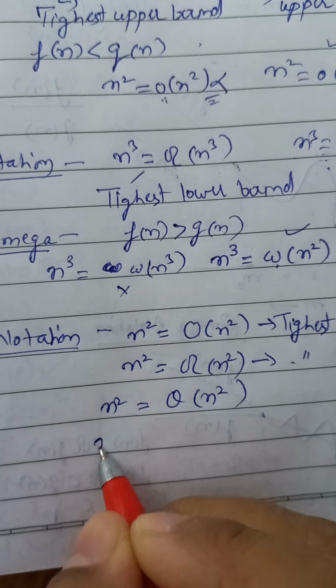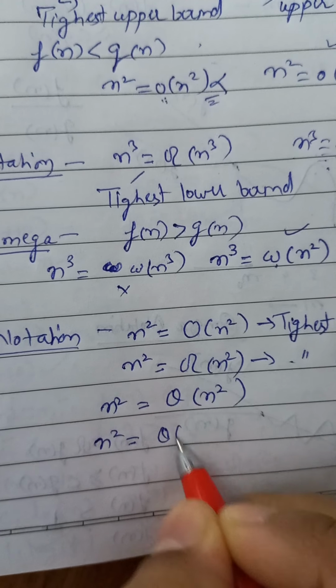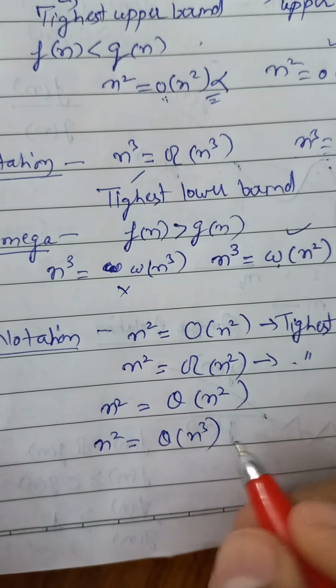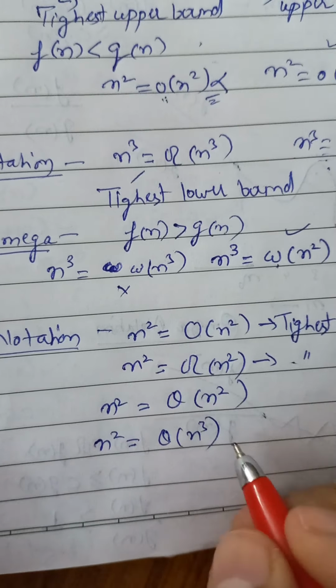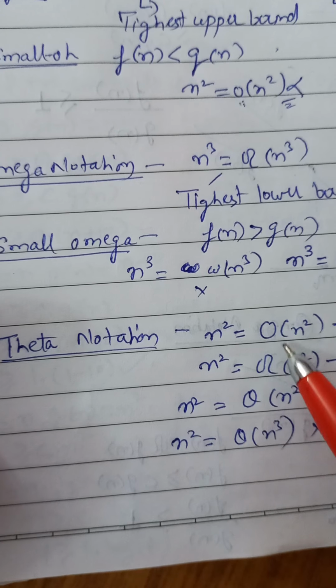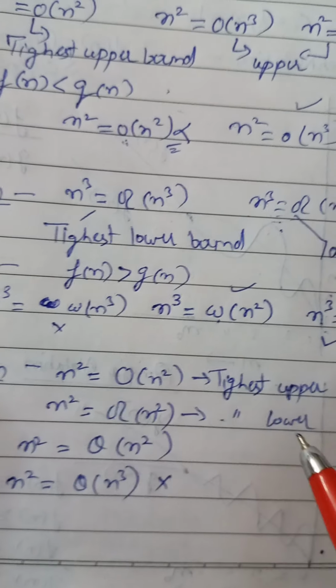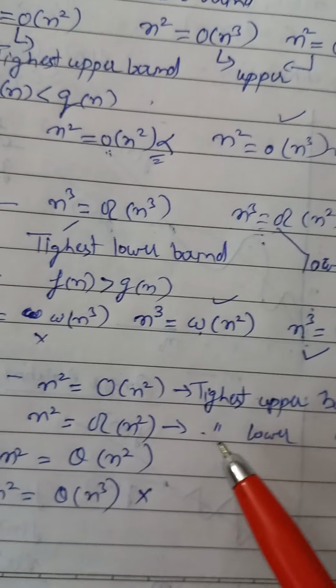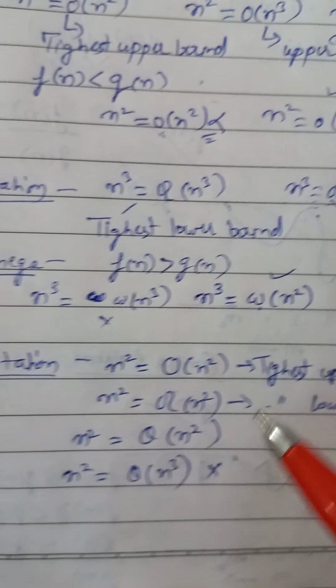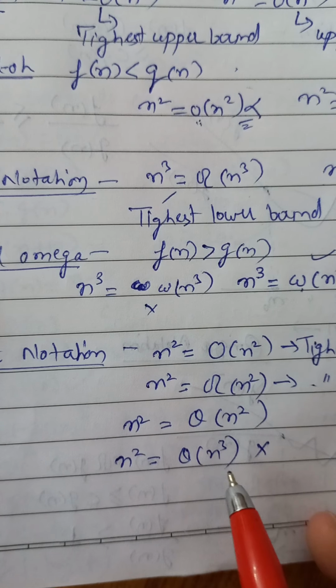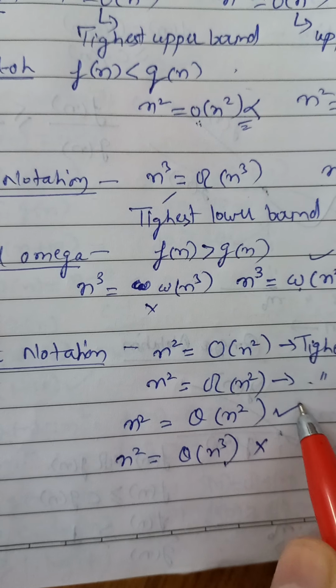So if we take n square is equal to theta of n cube, this condition does not satisfy here. In theta notation both bounds are tight, the tightest upper bound and the tightest lower bound. That is the only condition when they both become equal. So only this condition is satisfied.